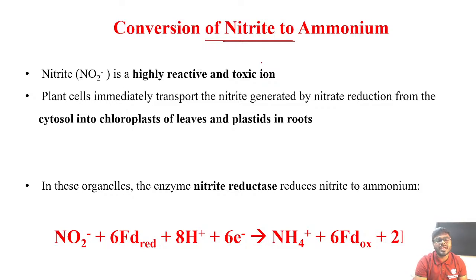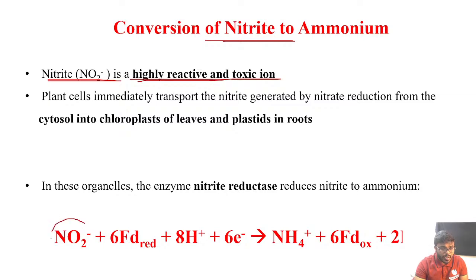Very highly reactive. That's why plants should not store it. So they have to convert this nitrite to what, my friends? Ammonium. Please don't forget the statement: nitrite is a highly reactive and toxic ion. Never forget that, friends.